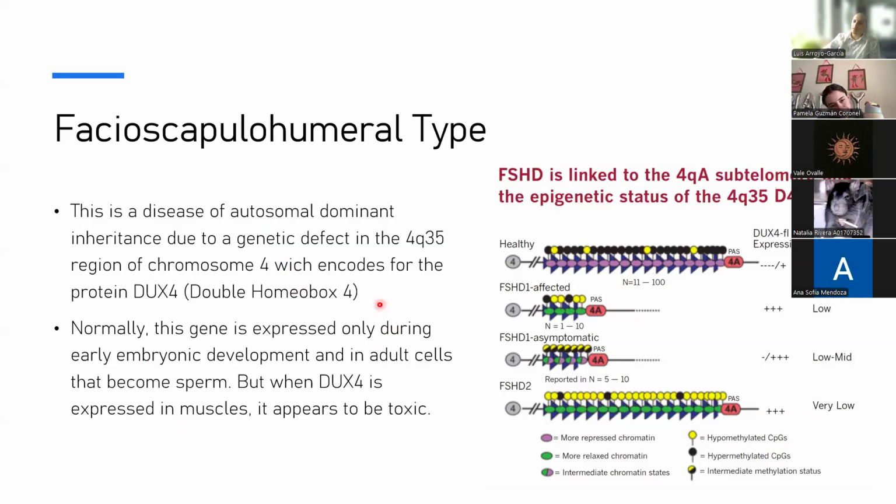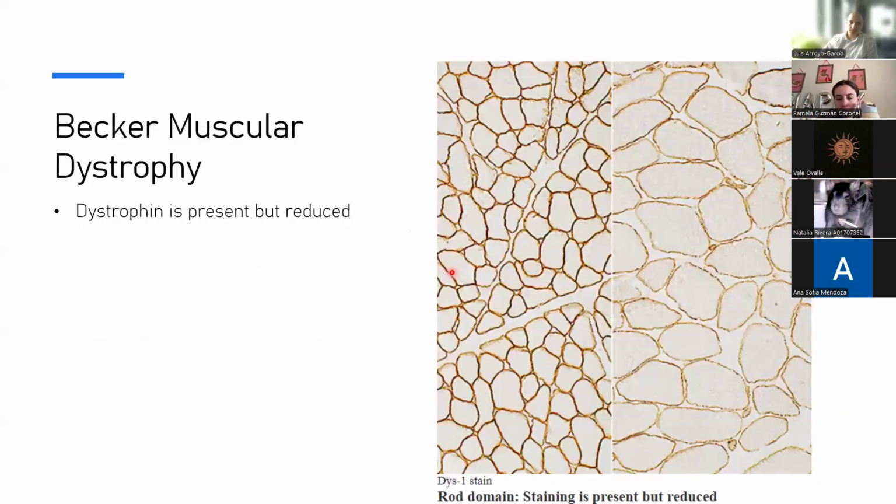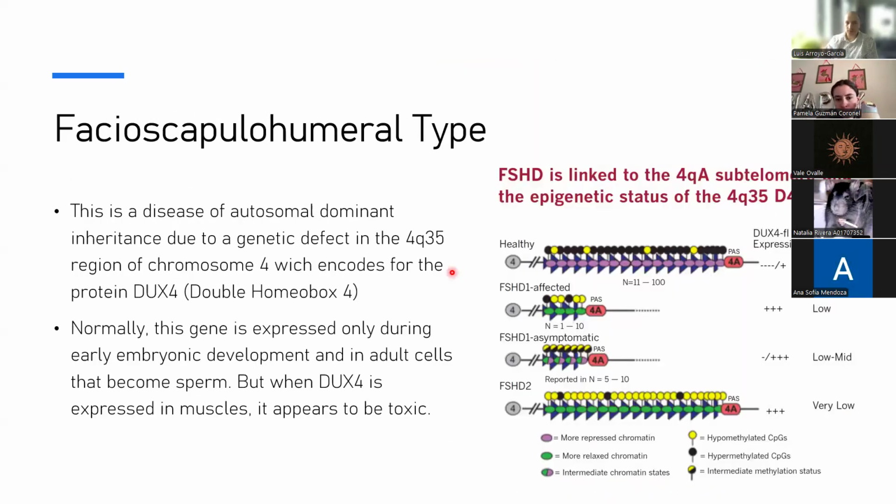There are two things I'm showing in the cases where these dystrophies are more common. The most common is Duchenne, then we have Becker, then we have this one, and also they are the most aggressive. This one is less aggressive than the other two.